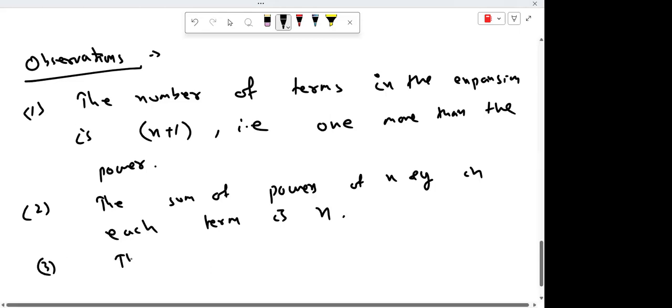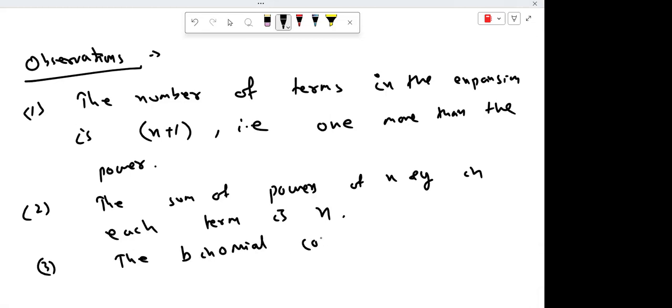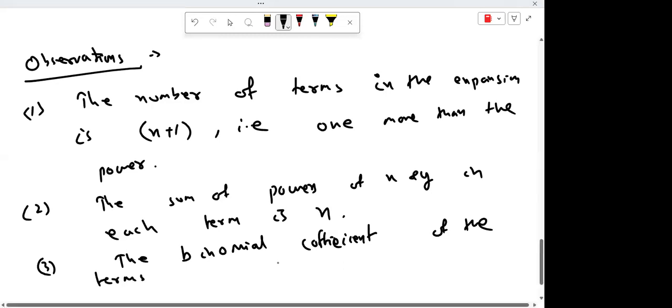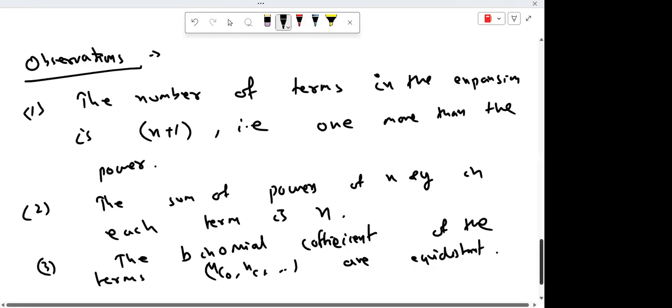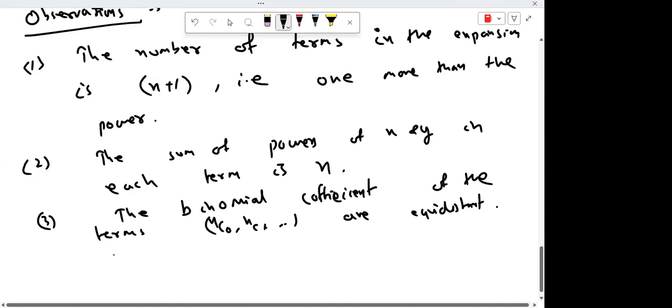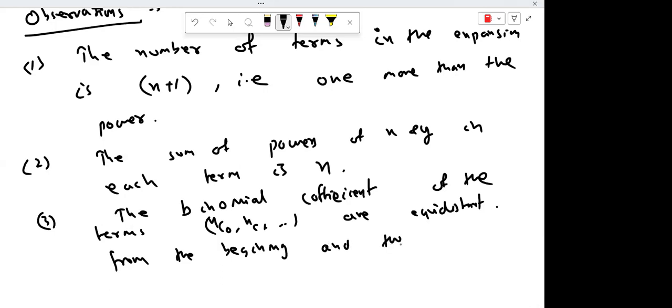Third thing, the binomial coefficients of the terms nc0, nc1, and so on, those equidistant from the beginning and the end are equal.